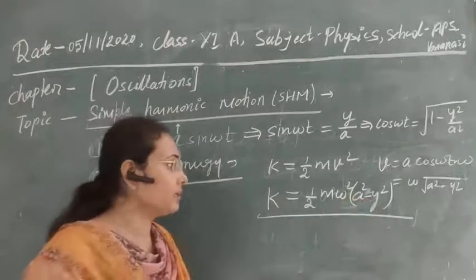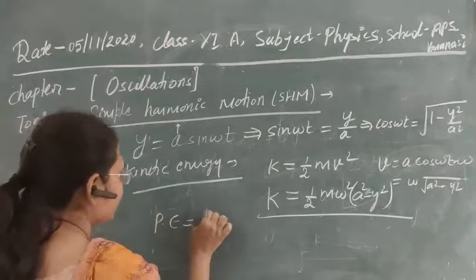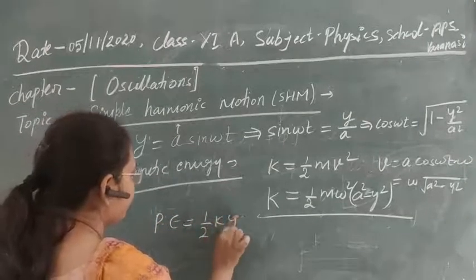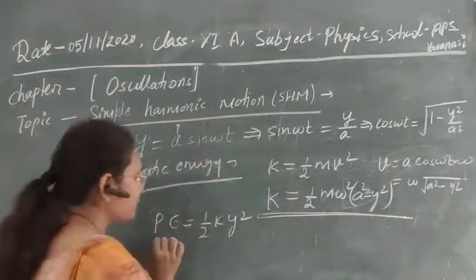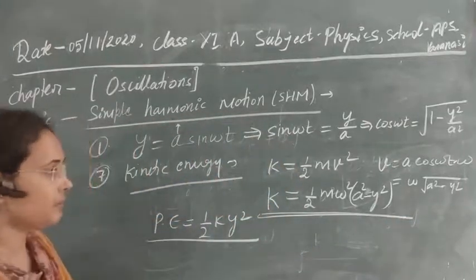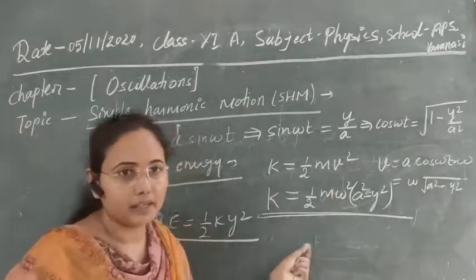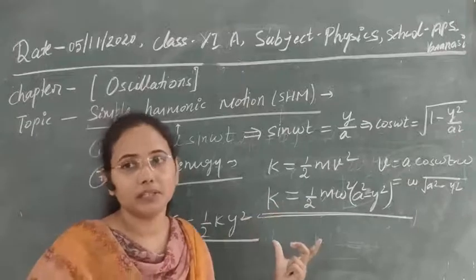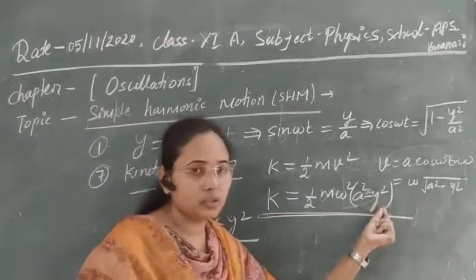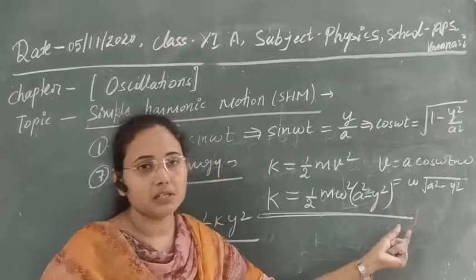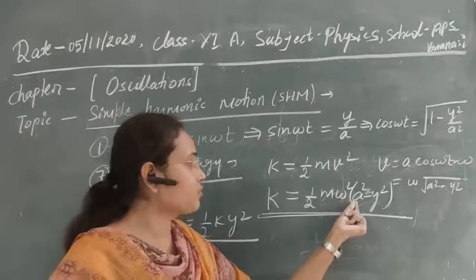So this is the kinetic energy in the system of simple harmonic motion. Obviously we have also calculated the value of potential energy, that is half k y square. So this is the kinetic energy and this is the potential energy obtained in the system, and you can also calculate what the kinetic energy will be at the equilibrium position and at the extreme positions. At the equilibrium position, as y is equal to 0, the value will be half m omega square a square.